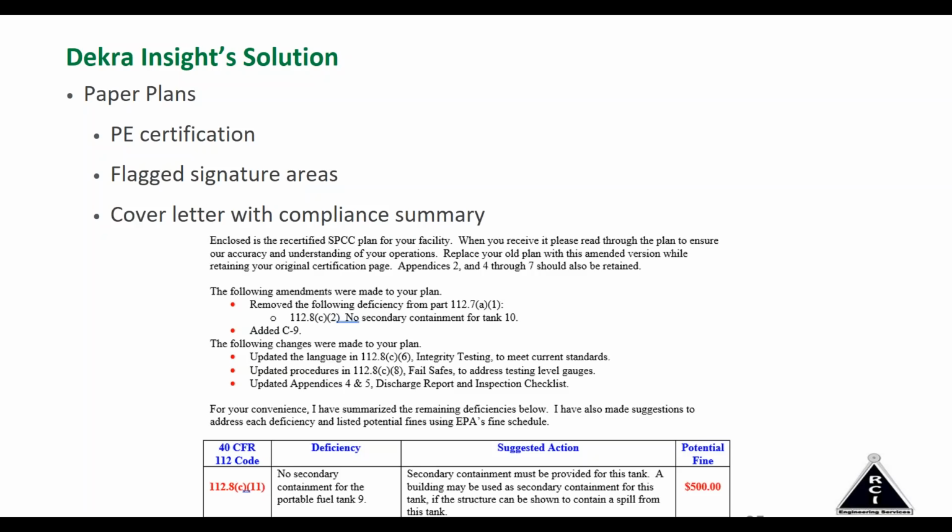This is one way that we communicate and try to make you aware of things. In that cover letter, we address things like any deficiencies in their program. A deficiency might be lack of secondary containment for a storage tank.